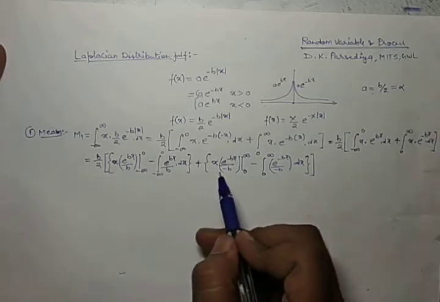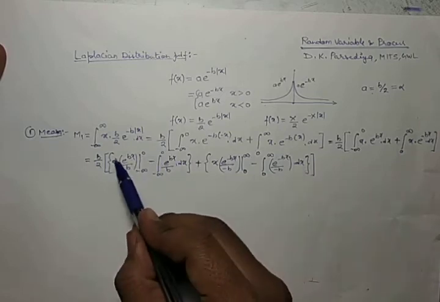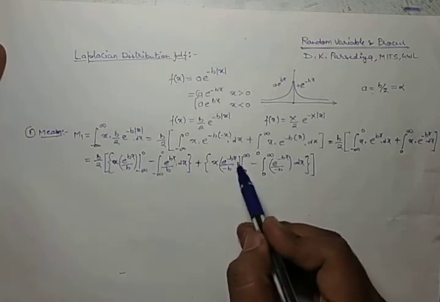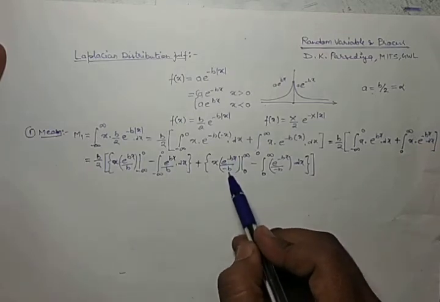So in this complete expression, for the upper and lower limits, this function will be 0, and similarly this function will be 0.